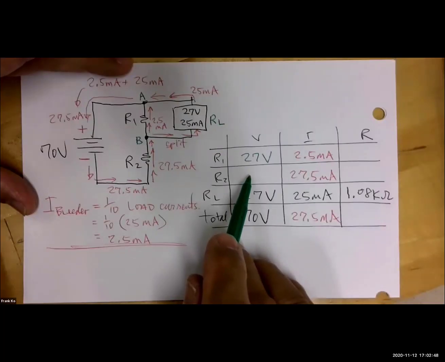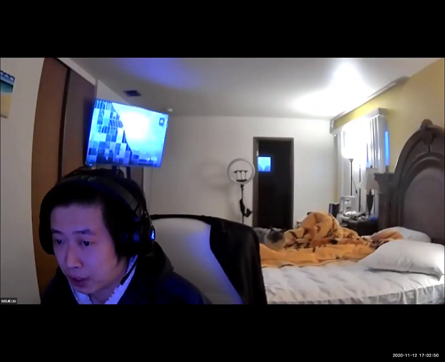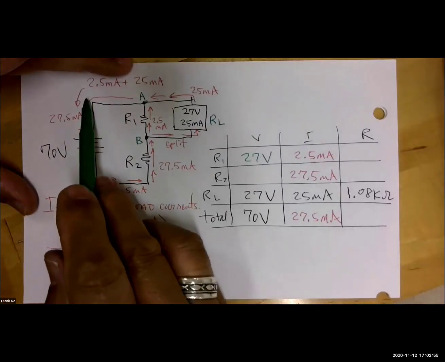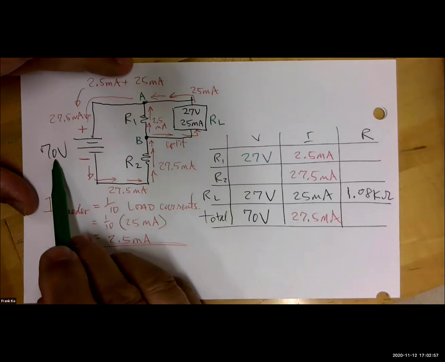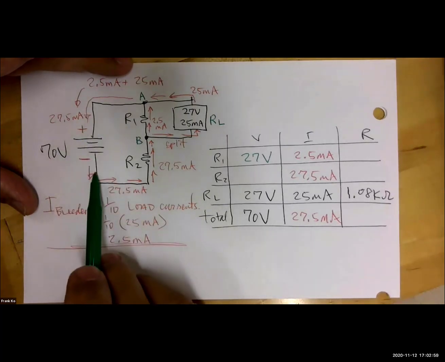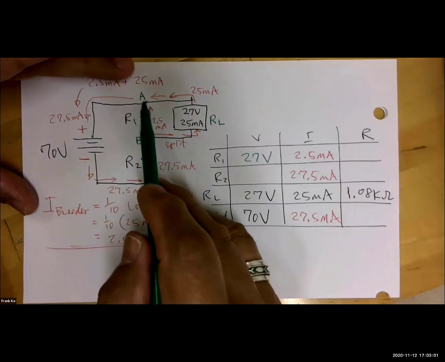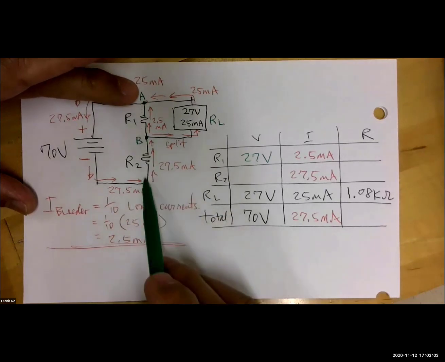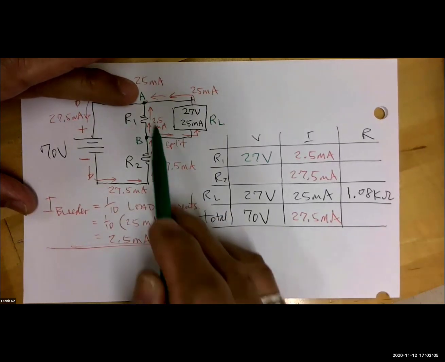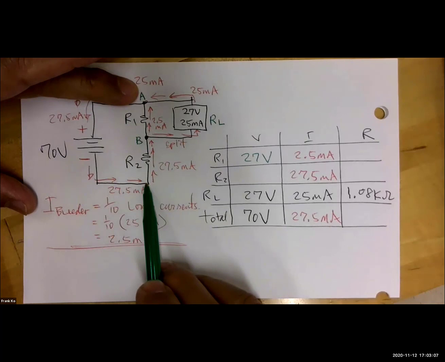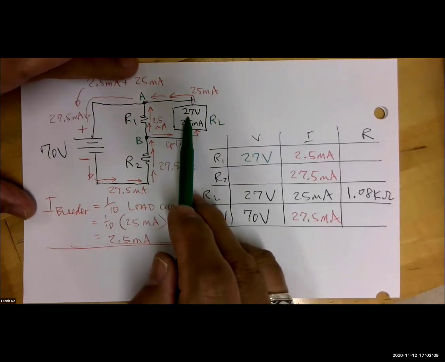Yeah. So we use the 70 minus 27. Ah, okay, because our source from here to here is 70, yes? Isn't that from point A to the bottom of R2? Isn't that across two resistors? And one of those resistors is going to drop 27.